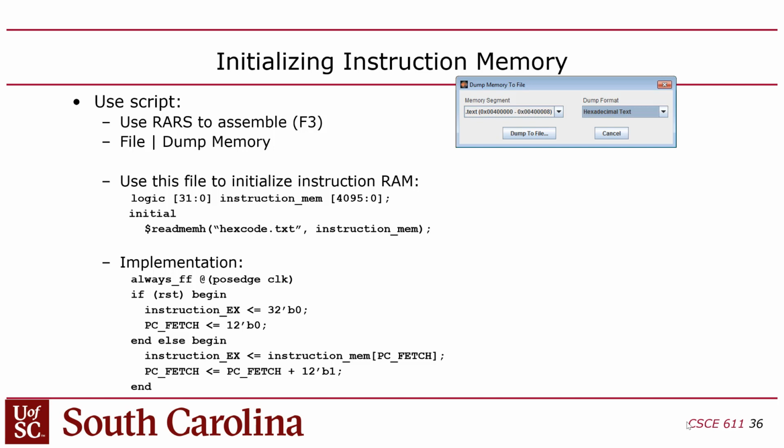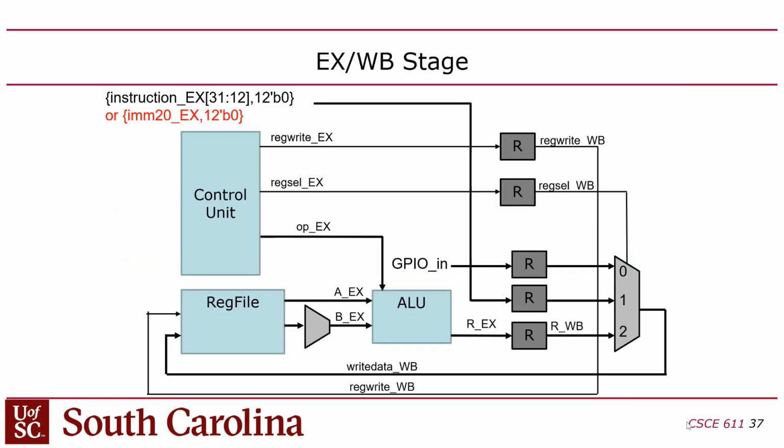Now, I can delay PC fetch, plug it into a register, and have a new signal called PCEX, which is the program counter associated with the instruction in the execute stage. That's my address. So if I'm in execute, PCEX is my address, PC fetch is the next address. Yes? This can be used for jump instructions? Yeah, exactly. There is a distinction there. I'll come back to that in a minute.